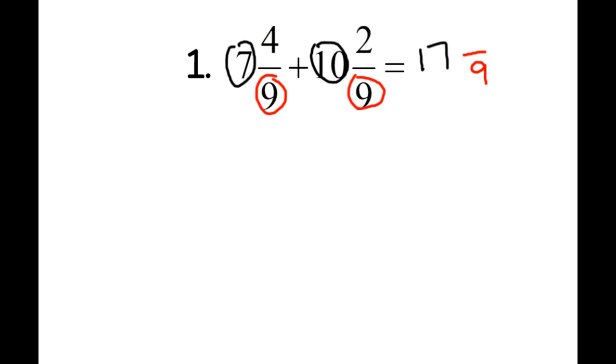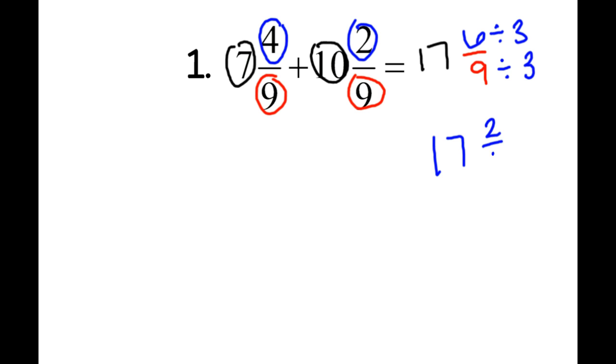And then we look to our numerator, and 4 plus 2 is 6. So we have 17 and 6/9, but 6/9 can be reduced. 3 goes into both of these, so we divide by 3. We get 17 and 2/3 as our final answer.